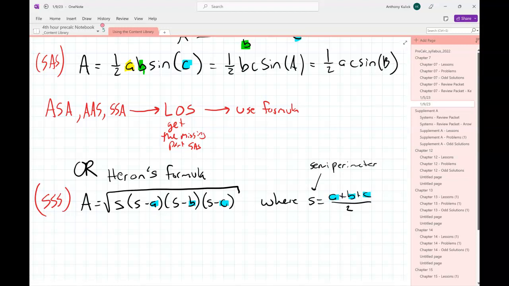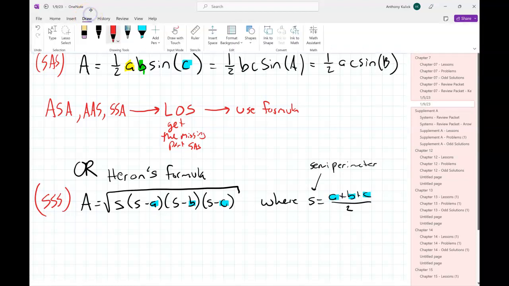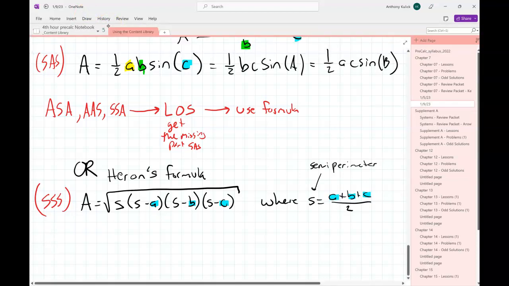Since I'm using it in an SSS situation, what else do I have to be careful about? I have to be careful that the triangle exists. So I still have to check to make sure it's possible to do the triangle.